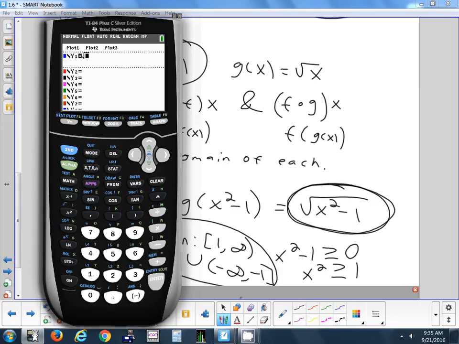What should happen here is there should be a gap between -1 and 1 where I see nothing on the screen, because the numbers between -1 and 1 are not in the domain. That's exactly what I see. You can pick any number less than -1 or more than +1.